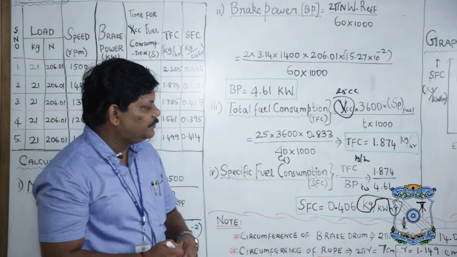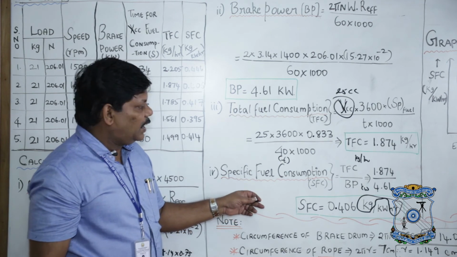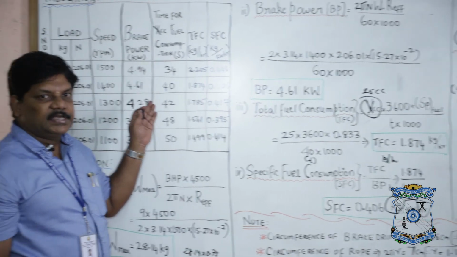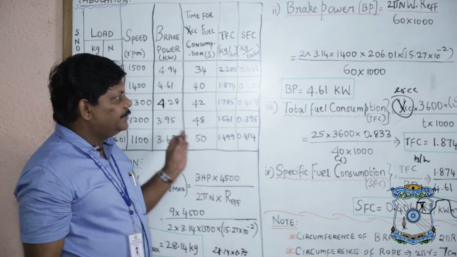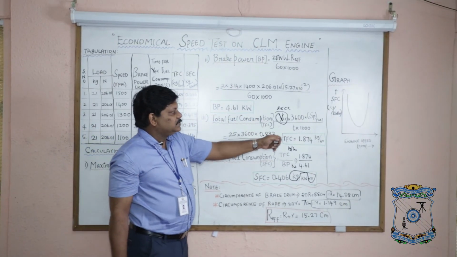When you go for an overall view, from the experimental part to the calculation part and the conclusion part, we have varied the speed and maintained the load as constant, at 75% of the maximum load.